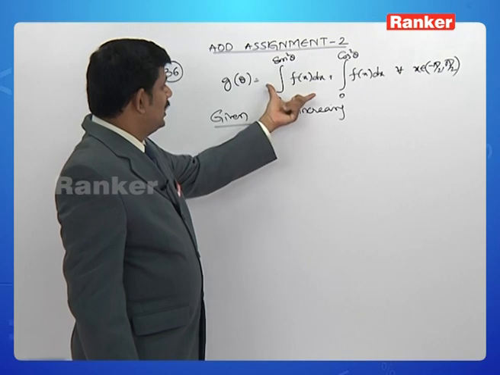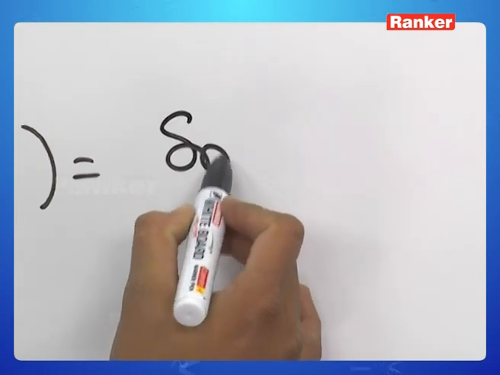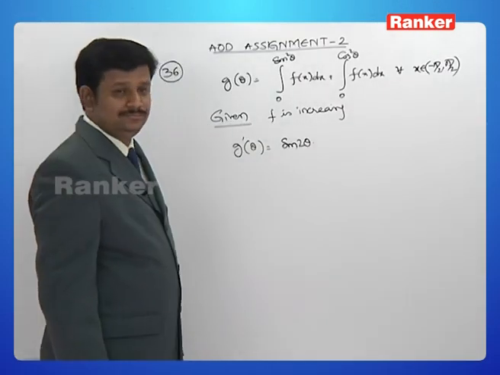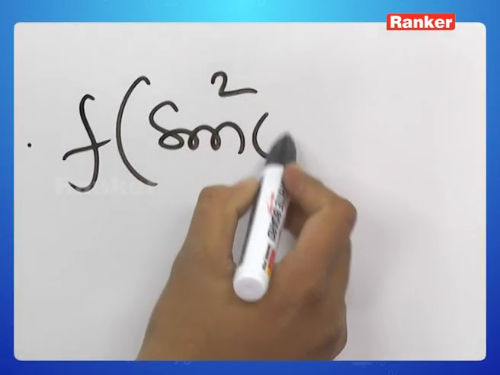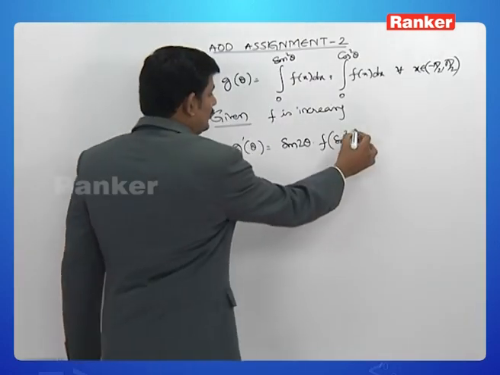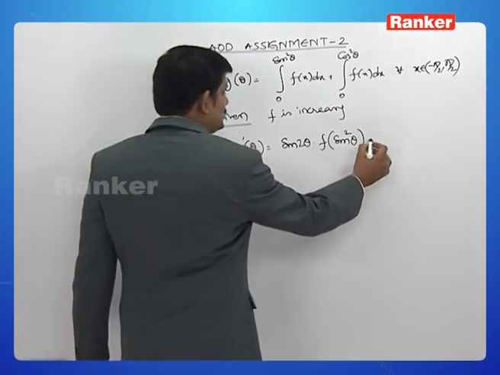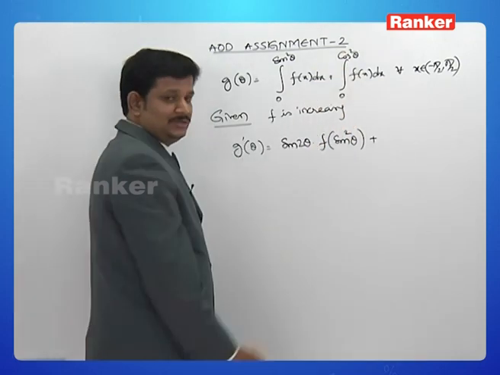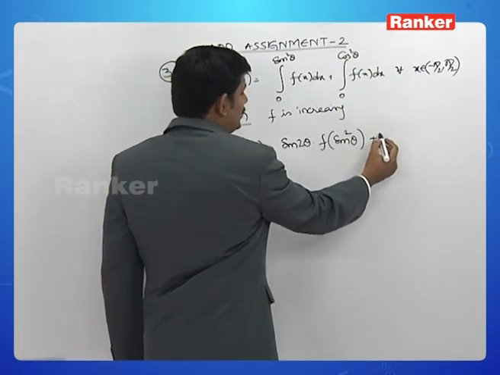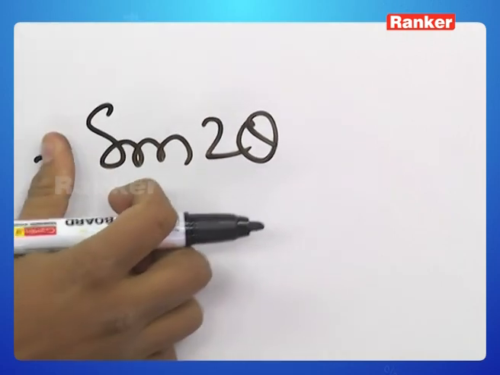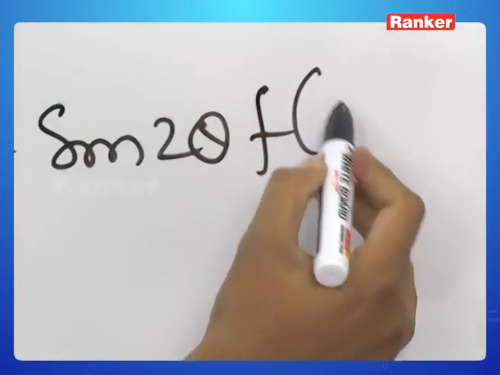Derivative of an integral is derivative of upper limit 2 sin theta cos theta, which is sin 2 theta, into functional value of the upper limit f of sin square theta, minus derivative of lower limit, which is 0, 0 into whatever is 0, plus, let us differentiate this, derivative of upper limit 2 cos theta into derivative of cos theta, which is minus sin theta, minus 2 sin theta cos theta is sin 2 theta with a minus sign, and function value of the upper limit f of cos square theta.